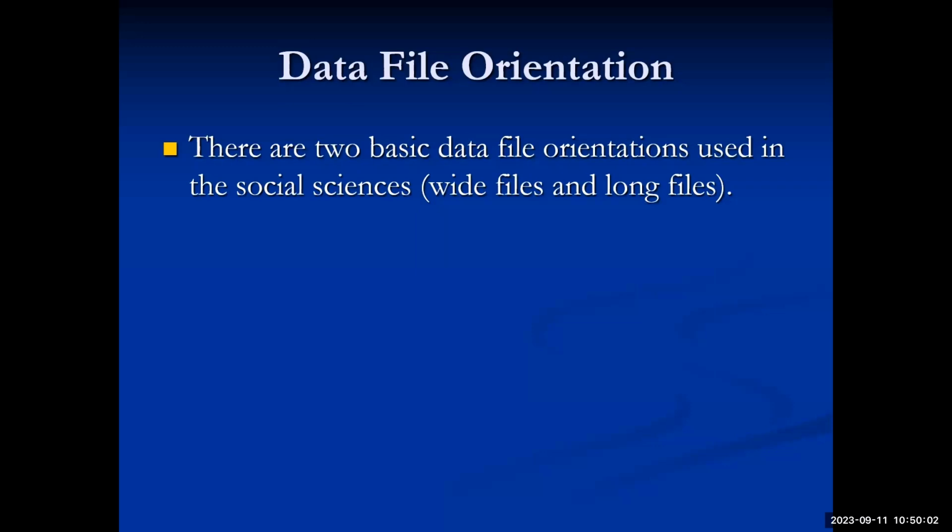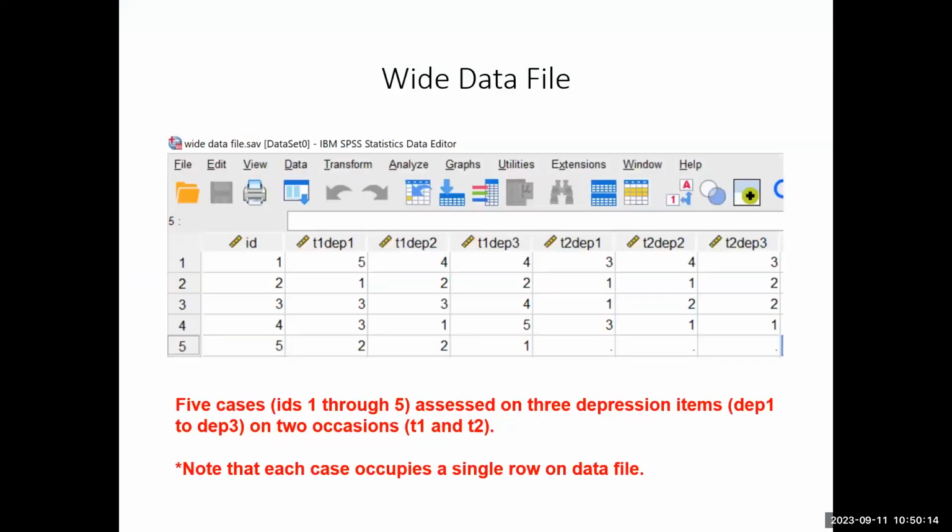Before, though, I want to talk about two data file orientations that are more common in the social sciences. The first is referred to as a wide data file, and the second, a long data file. Here's a picture of a wide data file. We've got 5 respondents in this hypothetical data file assessed on 3 depression items on 2 occasions.